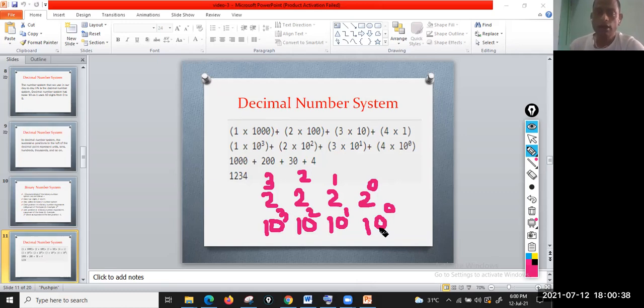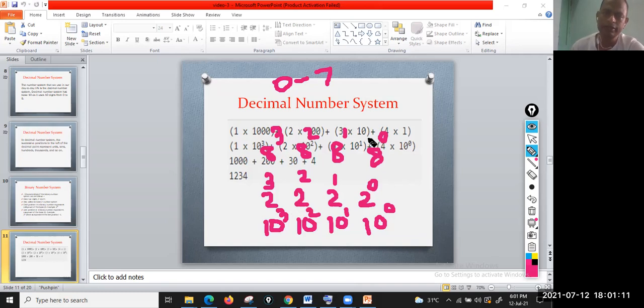Simply, the octal number system uses 8 digits, 0 to 7. That's why we use 8 to the power 0, 8 to the power 1, 8 squared, and 8 cubed. This is the simple difference.